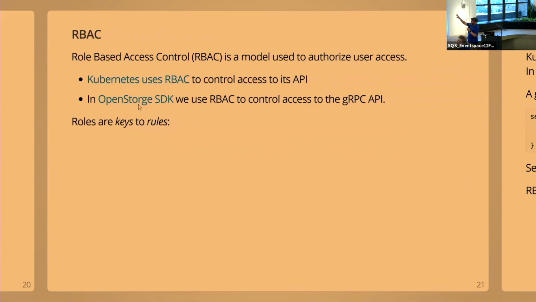We try to do the same thing, but for open storage specific APIs. When we say RBAC, that's just a generic term. Sometimes people get confused and say, you support RBAC, so that means you support Kubernetes RBAC. No, no. Those are RBACs for Kubernetes APIs, and these are RBAC for our APIs. Two completely different things, same acronym.